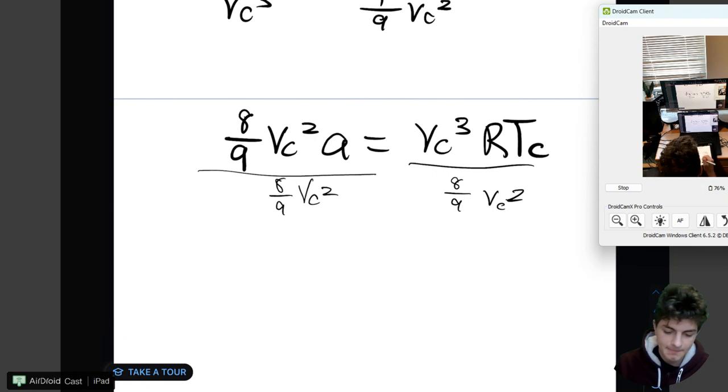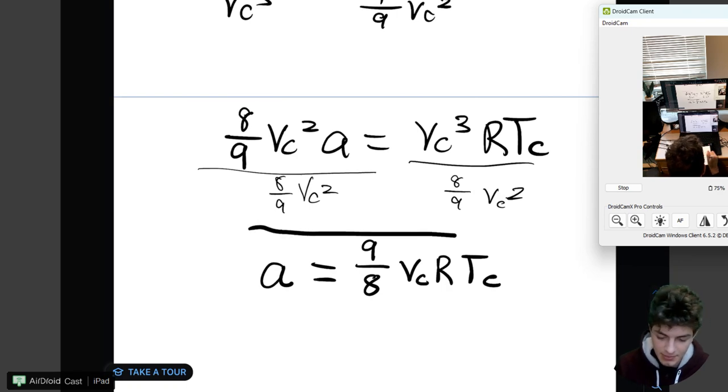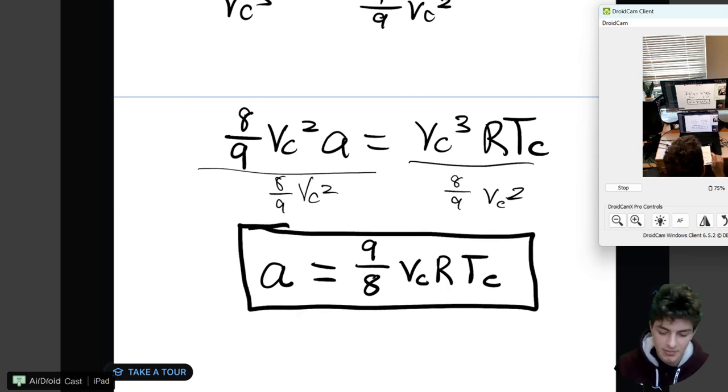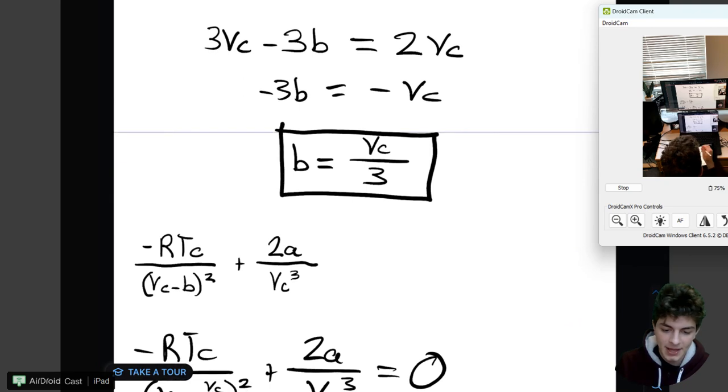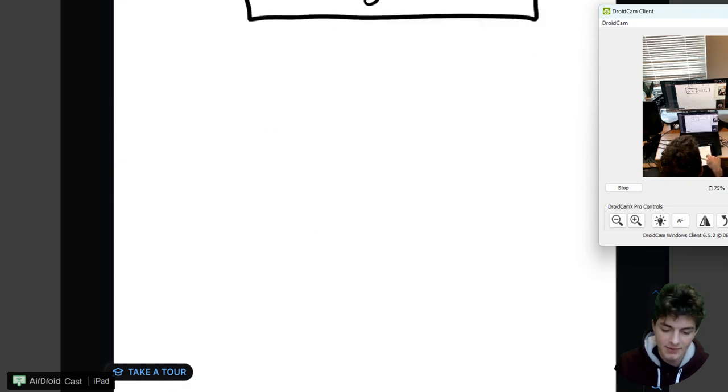And then we will find a term for A as being equal to, this is an A, not a 9, A is going to be equal to 9/8 times the critical volume times the gas constant times our critical temperature. So there is our term for A, and let me copy down our term that we derived for B.